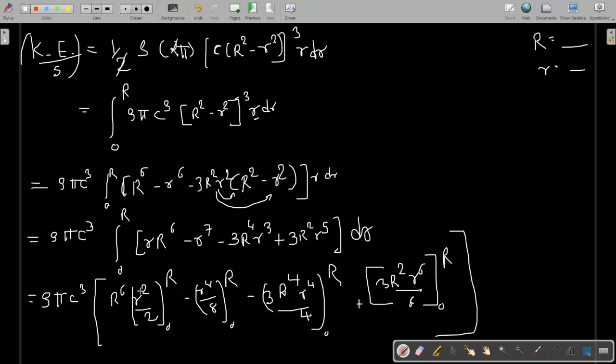So if you put 0 in this, this first term, second term, third term and fourth term will be 0. So I'm not writing the value of 0 in. Okay, I'm directly writing the value after putting R: rho pi c cube into r raised to 8 by 2.